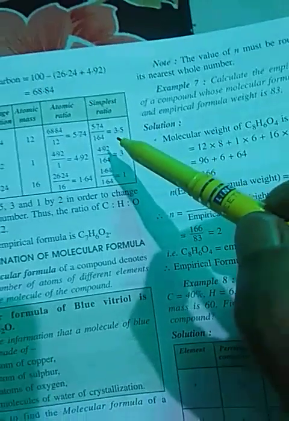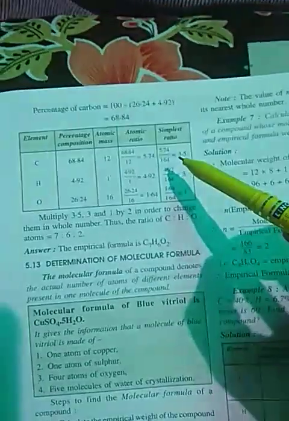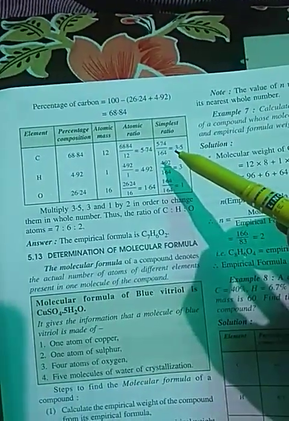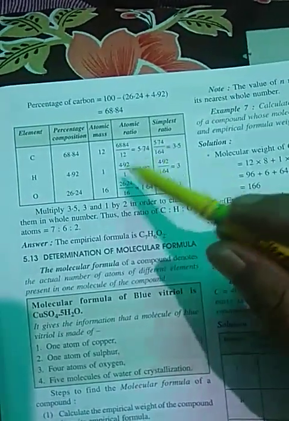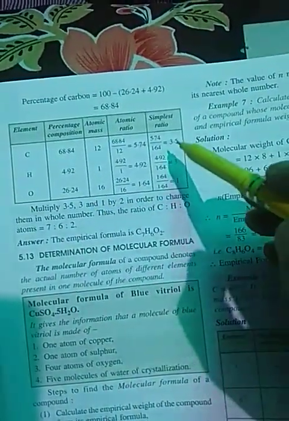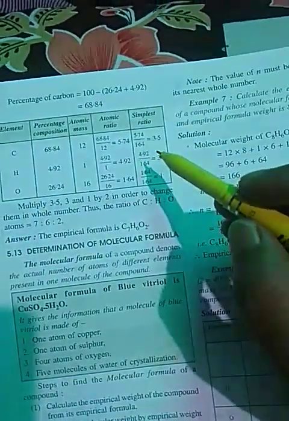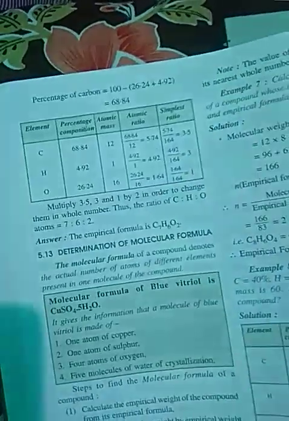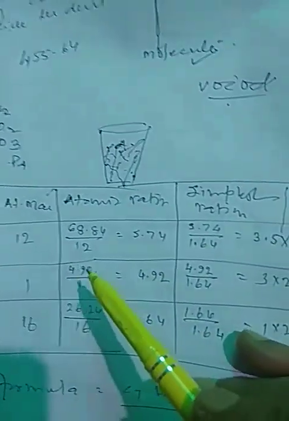So here according to this, the empirical formula will be C3.5 H3 O1, but atoms cannot be in fraction, they will be in whole numbers. So here the same thing I have written.